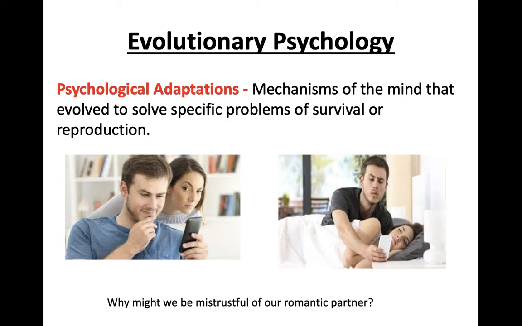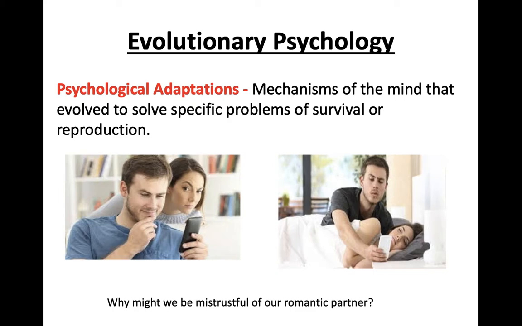And we might say to ourselves, well, jealousy, and even mistrust, seems like such a negative quality. Why in the world would that be evolutionarily adaptive? Or, better phrased, why would that be adaptive from an evolutionary standpoint?